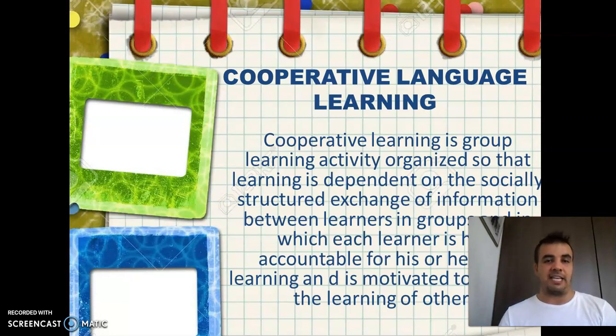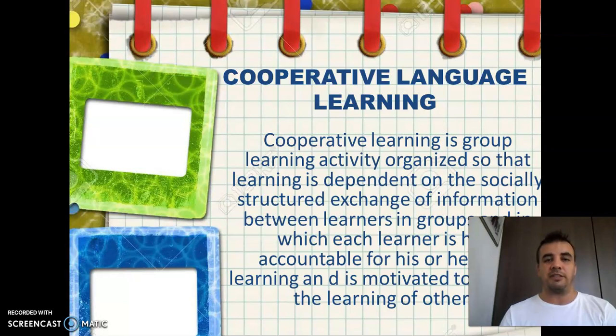Let's start. It's very important to know that it is a learning group, an organized learning activity. The learning is interdependent in a social structure, with exchange of information between learners in groups, in which each learner is held accountable for his or her own learning and is motivated to increase the learning of others.